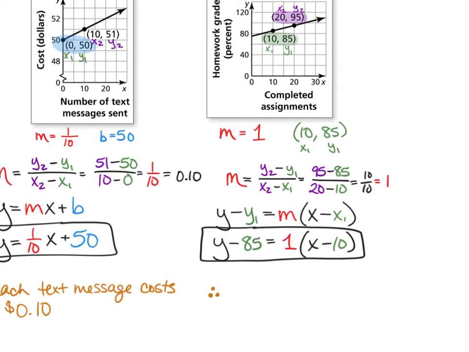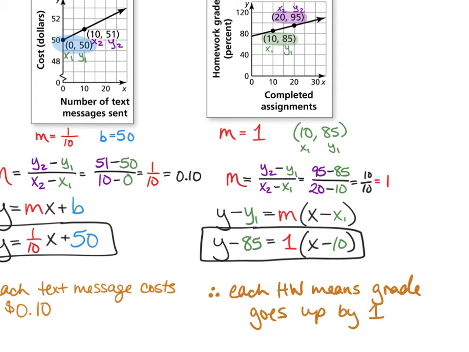So if my slope is 1, that means each homework this person turns in means homework grade goes up by 1. So there's a direct correlation between the number of homework assignments you turn in and your grade, which, LOL, is true. Real thing.